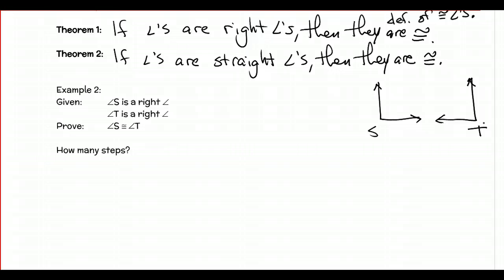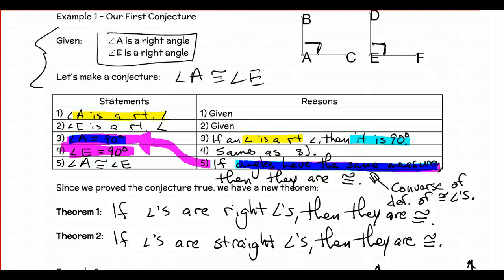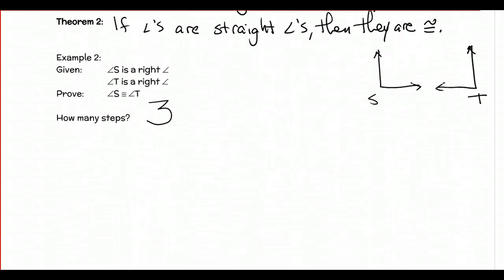So would it be 1 step? 2 steps? 3 steps? 4 steps? 5 steps? Pick one of those numbers and see if you're right. I am going to say this is going to be 3 steps. Now before, over here, it was 5 steps, but that was when we were proving the theorem was true. We already proved it's true. We don't have to do that again.